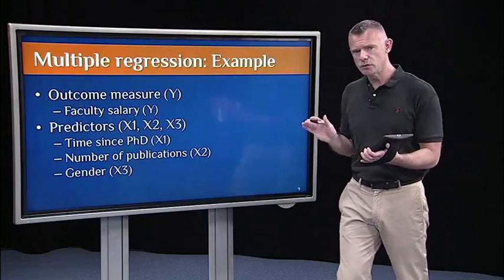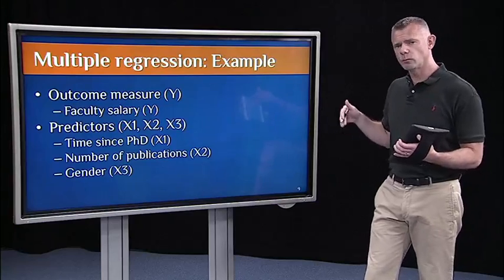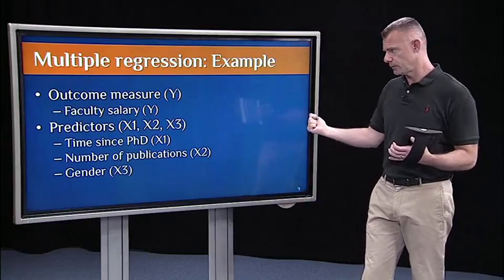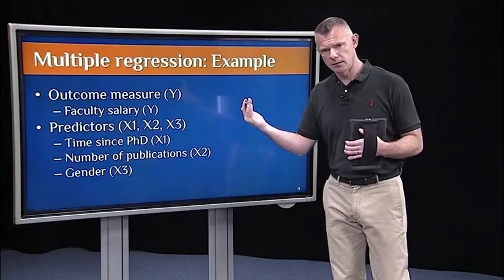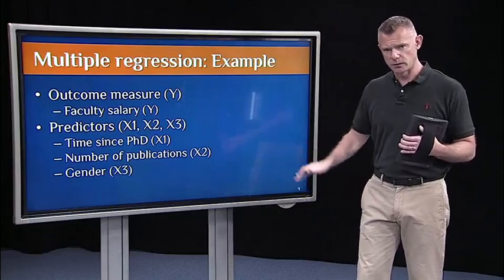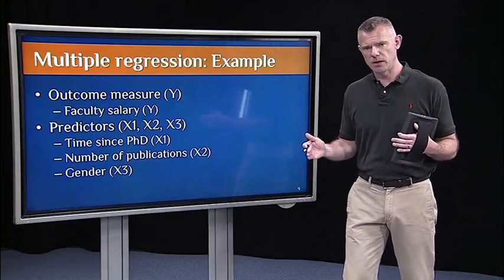The example I'm going to use for multiple regression is one in which we predict faculty salary from a series of predictors. So what are some things that might predict a faculty member's salary? Well, one obvious one, and it is the strongest predictor in this example, is time since the person's PhD.